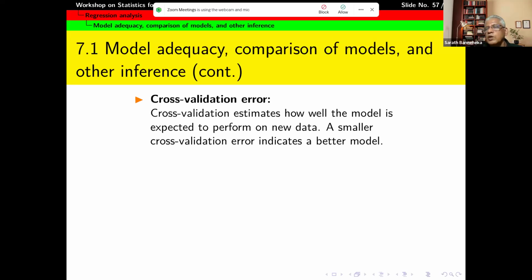They may be small AIC, small BIC, small root mean square error, and so on. But if you apply the same model to new data, new X values, then you also have actual Y values for those observations, but you have not used those data to fit the model.